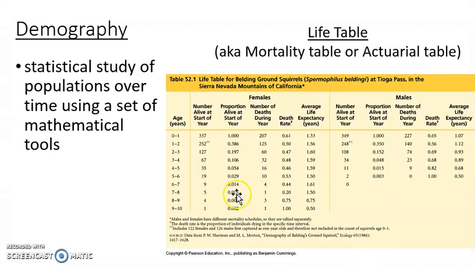If you look at these two groups right here, there's something affecting the males in that population, that they are not living as long as the females. So right off the bat, we can see that something interesting is going on in terms of the death of a certain portion of that population.